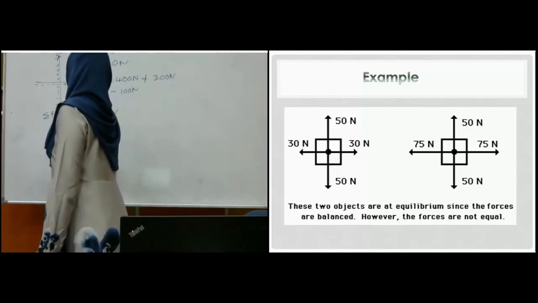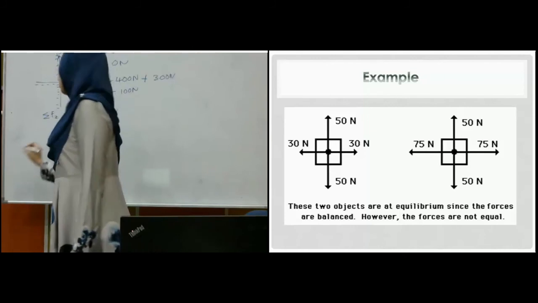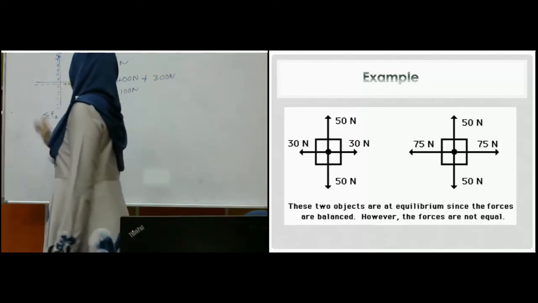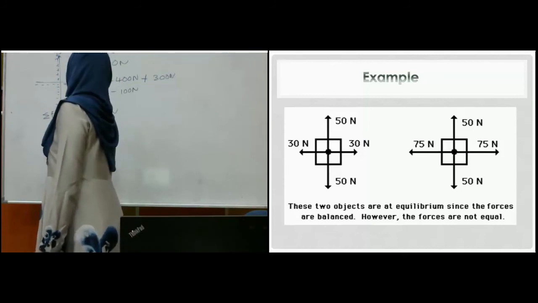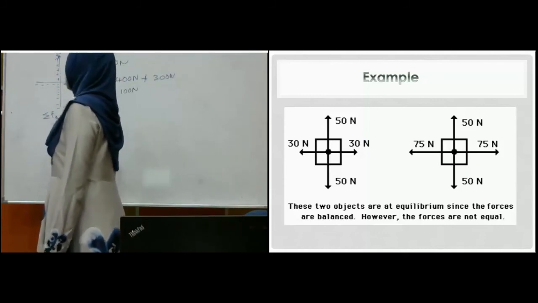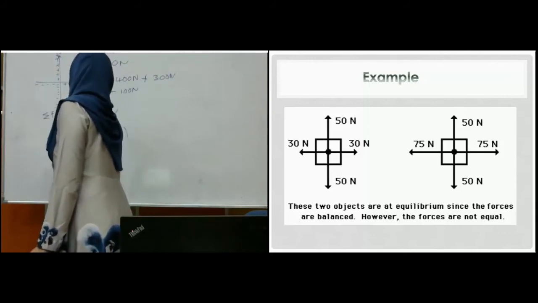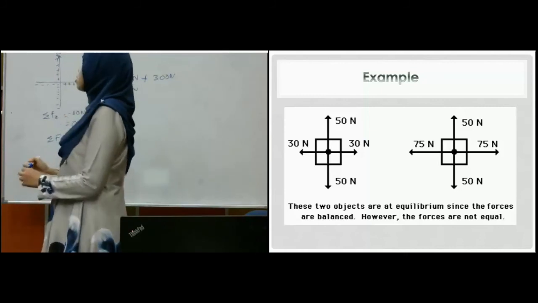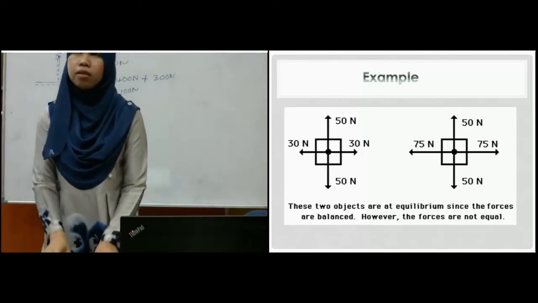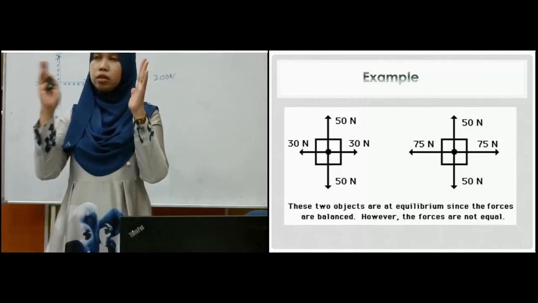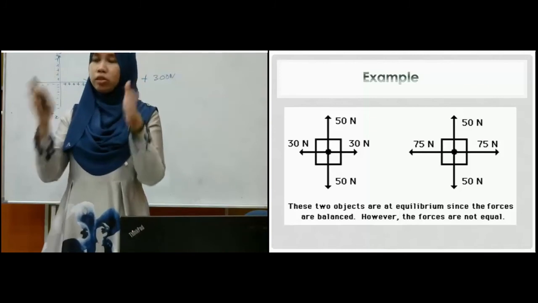So you will get 0 Newton. Total Fy is, for the upward case, positive 50 Newton plus, for the downward case, negative 50 Newton. So we will get 0 Newton. So is it balanced or unbalanced force? Balanced force. So in this case, it will be stationary.